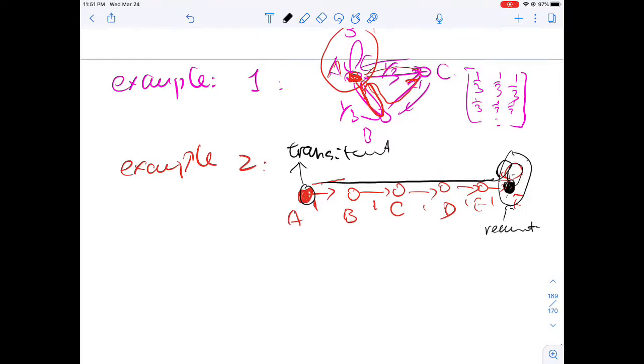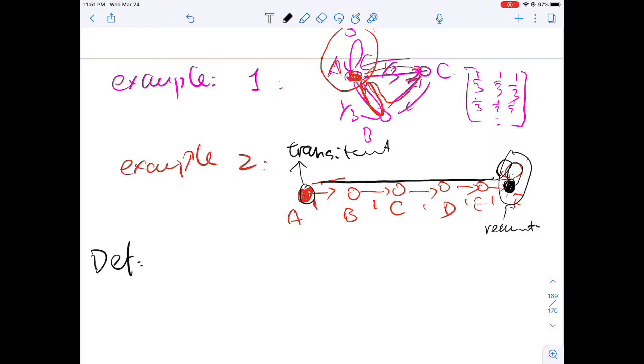So now we do have this definition of recurrent and transient. Then we also need another definition: the so-called expected time to return. This is defined as Hii.